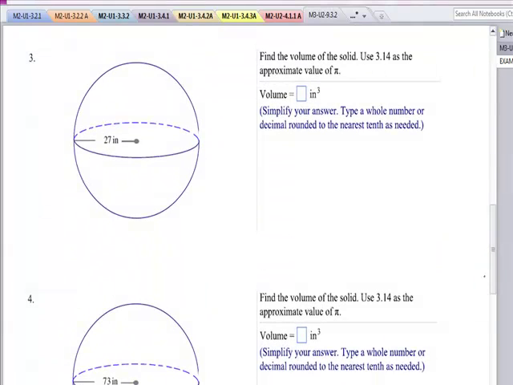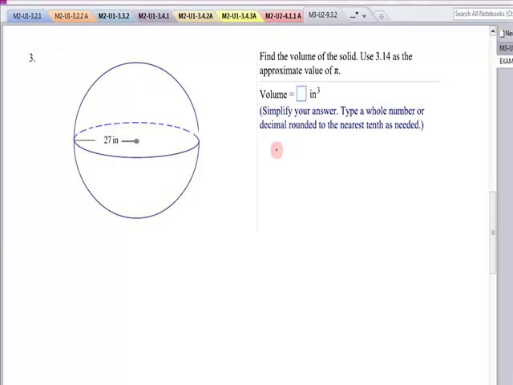Let's look at number 3. Okay, numbers 3 and 4 are both spheres. So the volume of a sphere, which is a ball, is that funny formula 4 pi r cubed divided by 3. And remember, r cubed is to write down the radius 3 times.